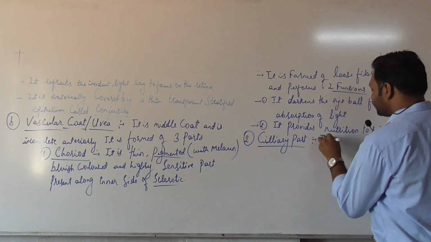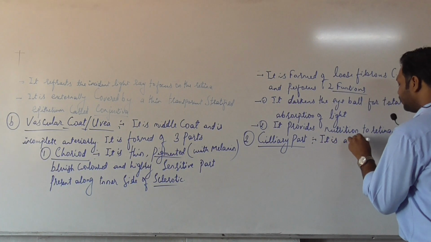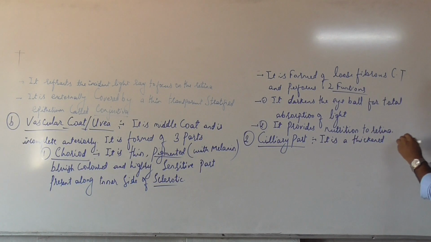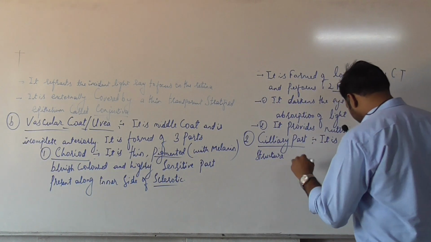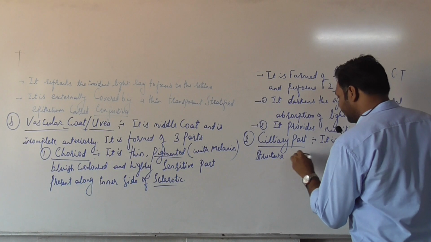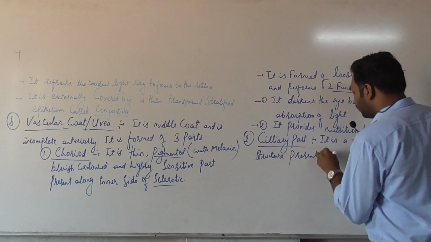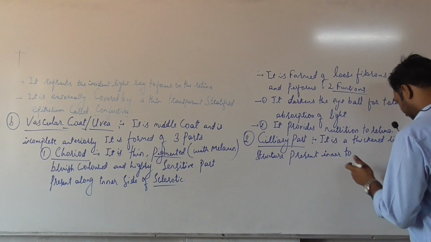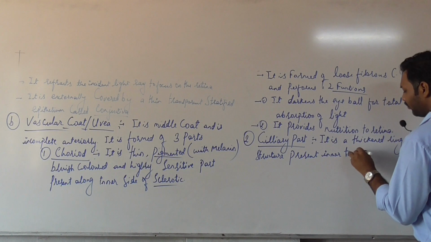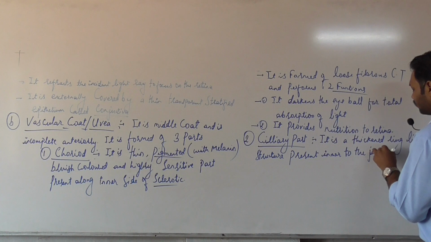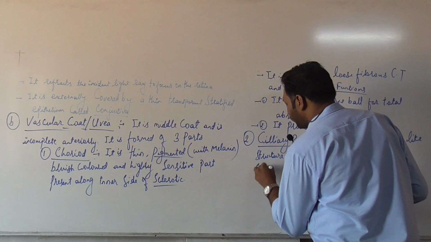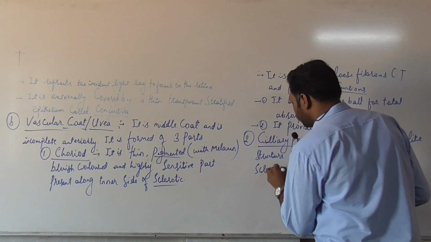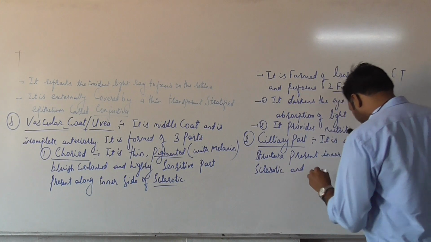It is a thickened ring-like structure present inner to the junction of the sclerotic and cornea.